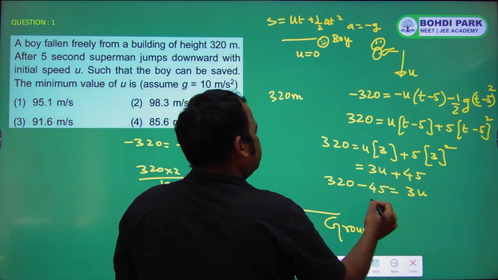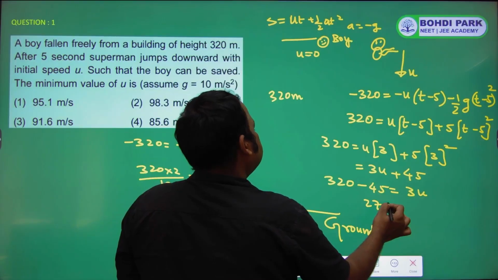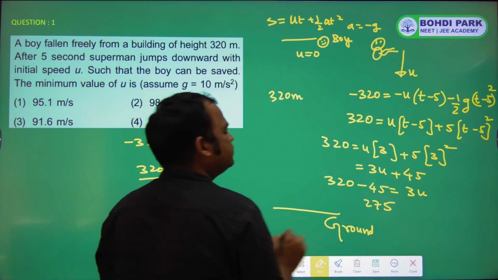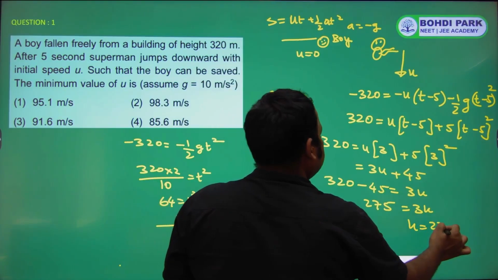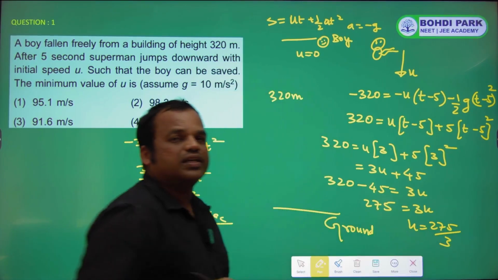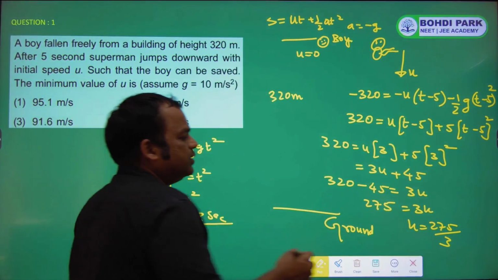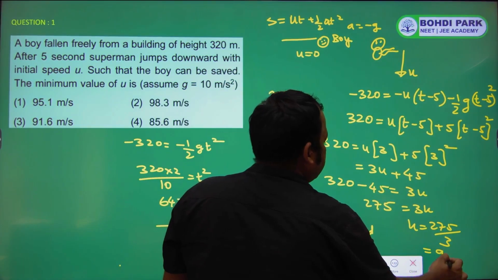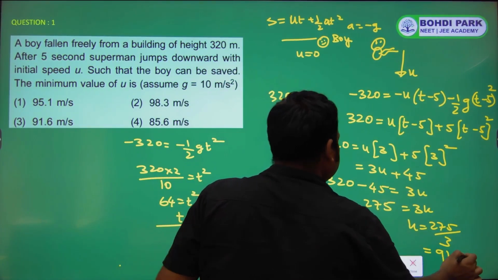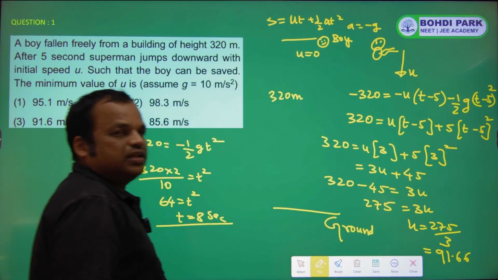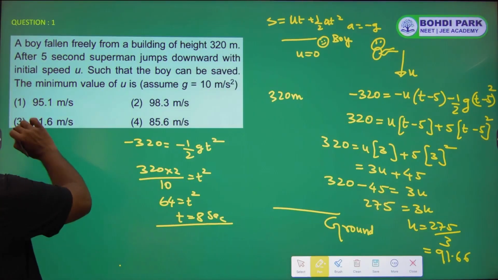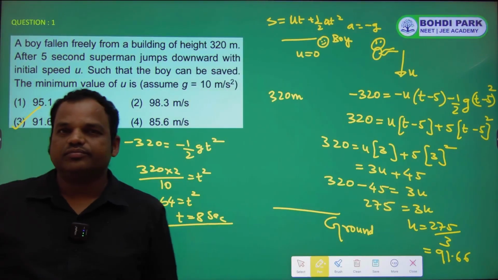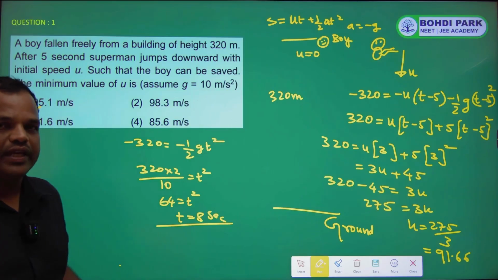Now this is equal to 275, and that is equal to 3u. So u is equal to 275 by 3. So its value is 91.66 meter per second. So third option, finish. Now next question.